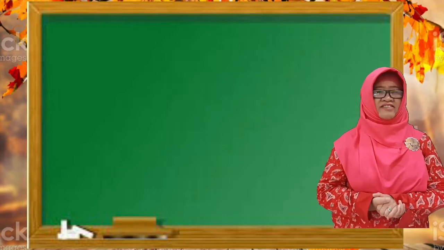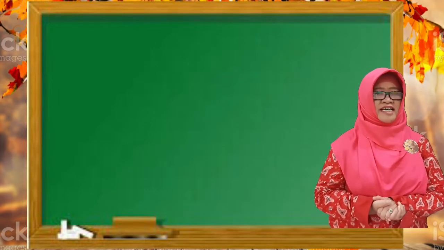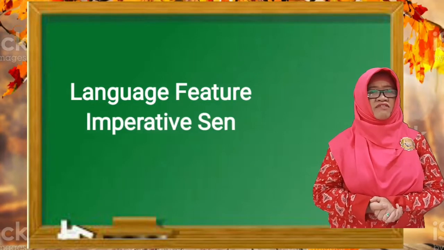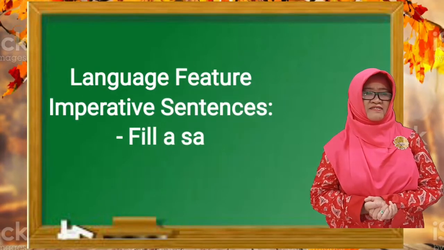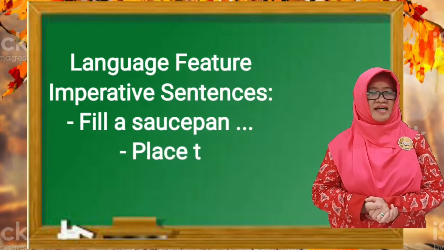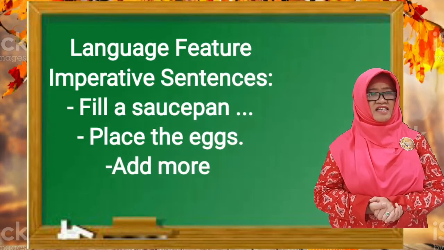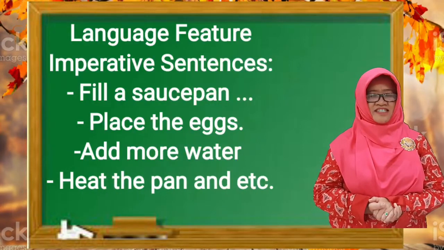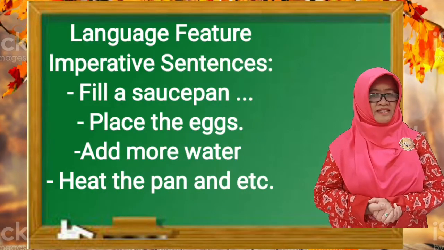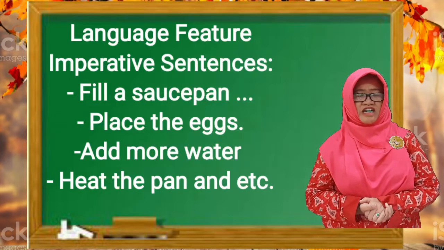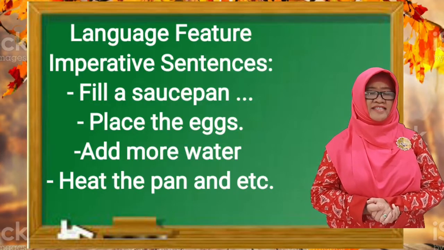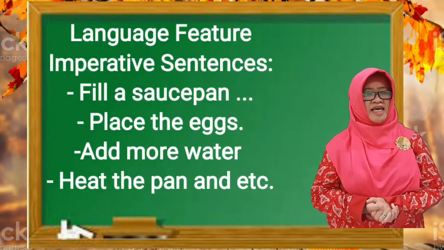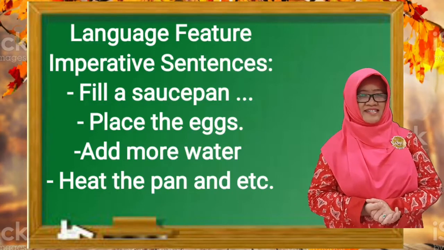Okay, after discussing the structure of the text, now we will learn about the language features of a procedure text. Commonly, a procedure text uses imperative sentences. For example, fill a saucepan, place the eggs, add more water, heat the pan, and so on.